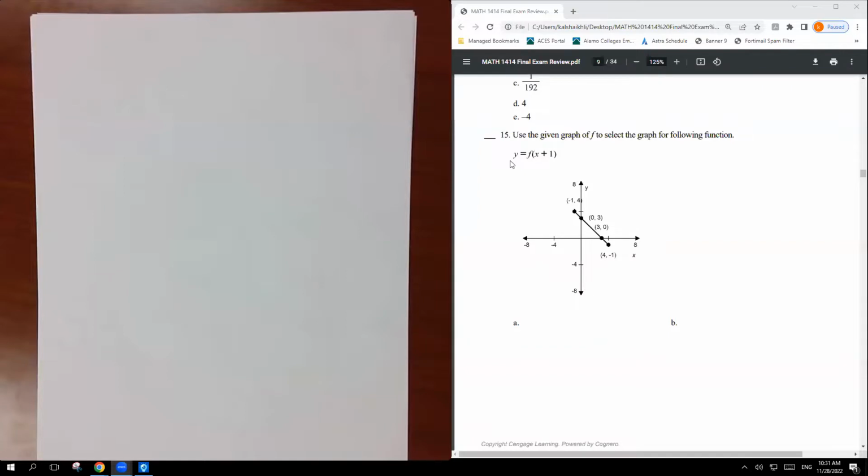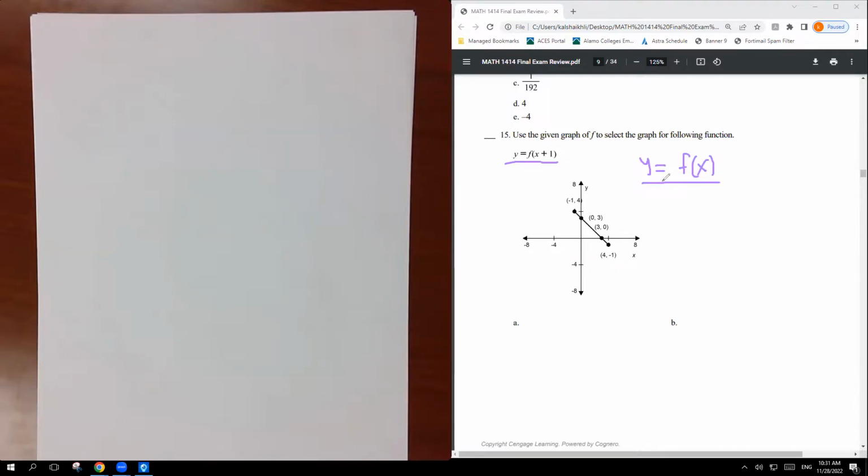For example 15, we have the graph of f. Here is the graph of f. We need to find which one is going to be the graph of f of x plus 1. So be careful on this one, because we don't have the function f, but the difference between f of x and f of x plus 1.